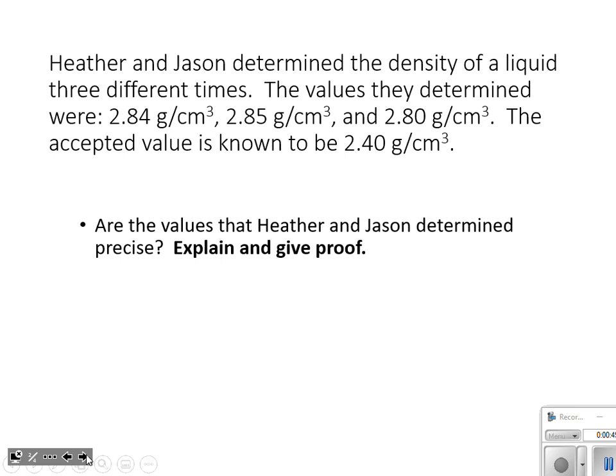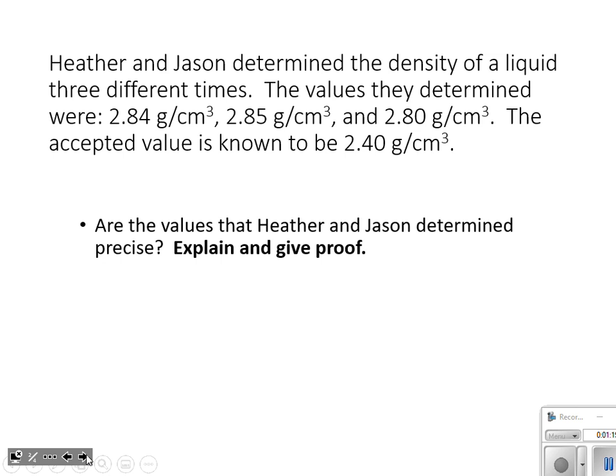Well, remember, we talked about precision and deviation, right? So if I look at these and take an average, 2.84 plus 2.85 plus 2.80, and I divide that by 3, I get a value of 2.83.